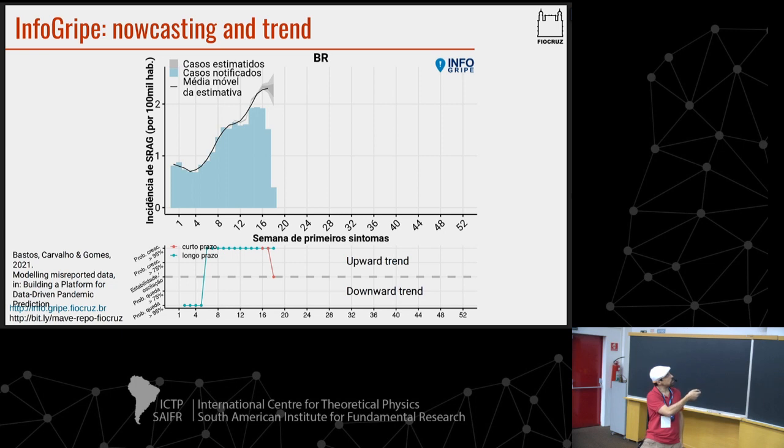And since we have a set of trajectories provided by my nowcasting model, I can take those trajectories and run a basic linear model to estimate the likelihood that they are going up or going down. Right?